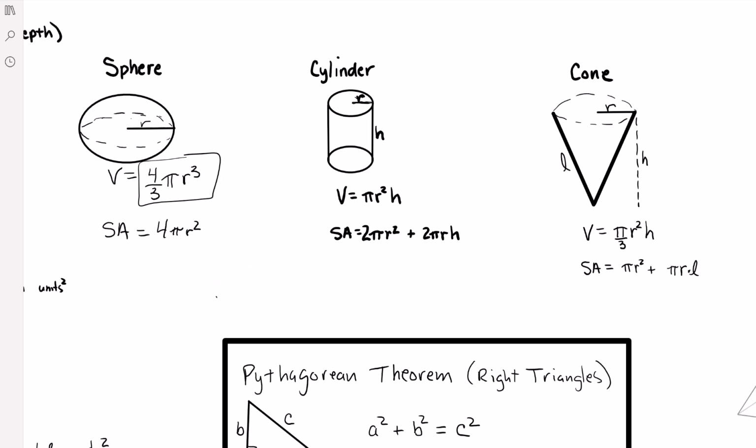Okay, here is the formula for the volume of a cylinder. Notice it's the area formula of a circle, pi r squared, but then times height, and you get volume.